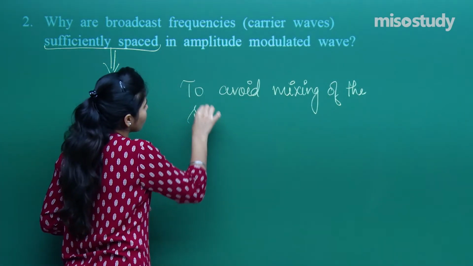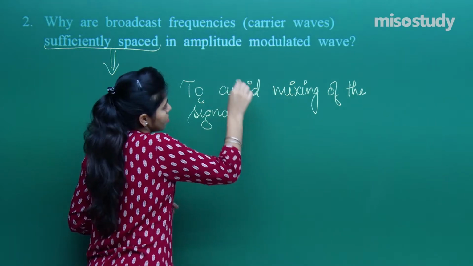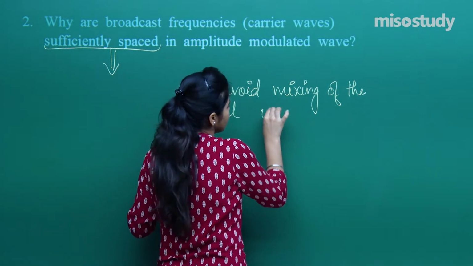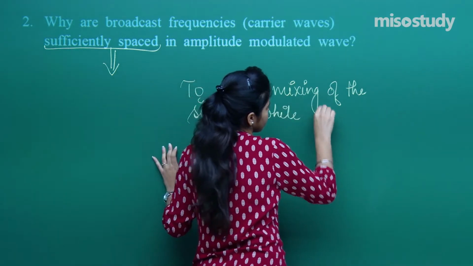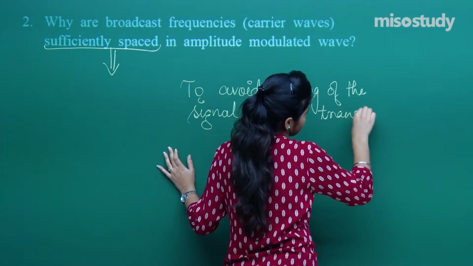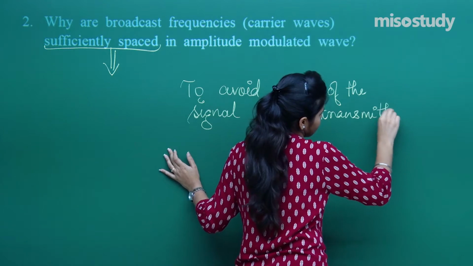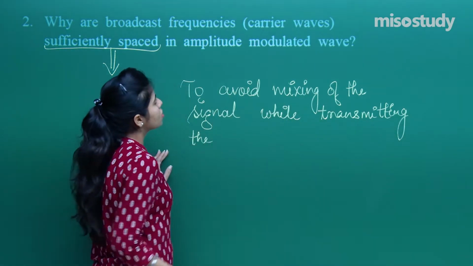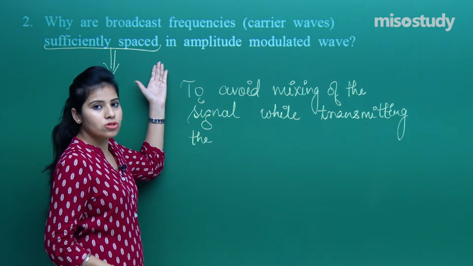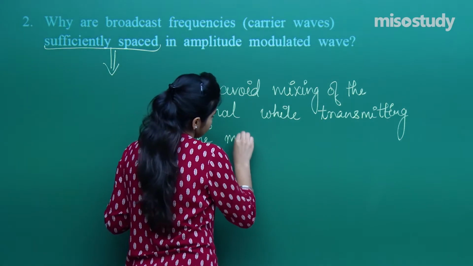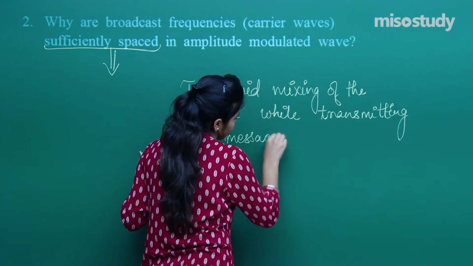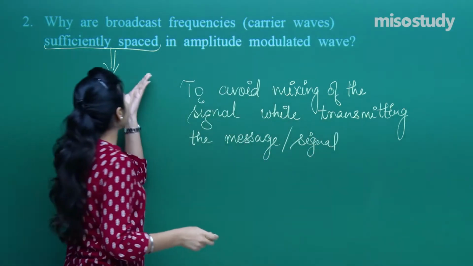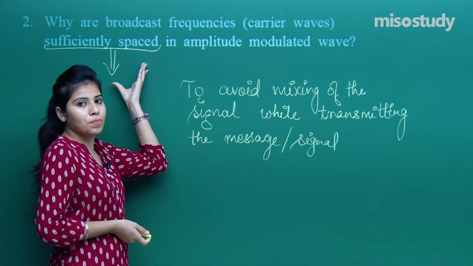Again it is a 1 mark question, so just 1 line will be enough. To avoid mixing of the signal while transmitting the message, that is why we are providing them sufficiently spaced.